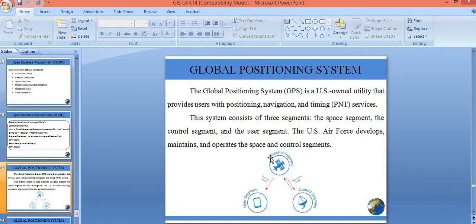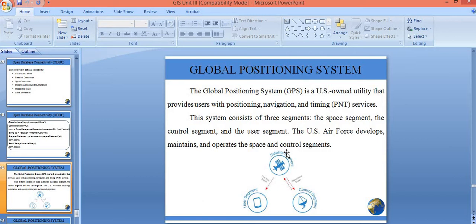Okay, so satellite segment, in satellite segment what happens is, around our globe or around our earth, there are 6 orbits available. In each orbit, 4 operational satellites will be roaming around the globe. I'll repeat the point once again. Around the globe, 6 orbits are being formed.